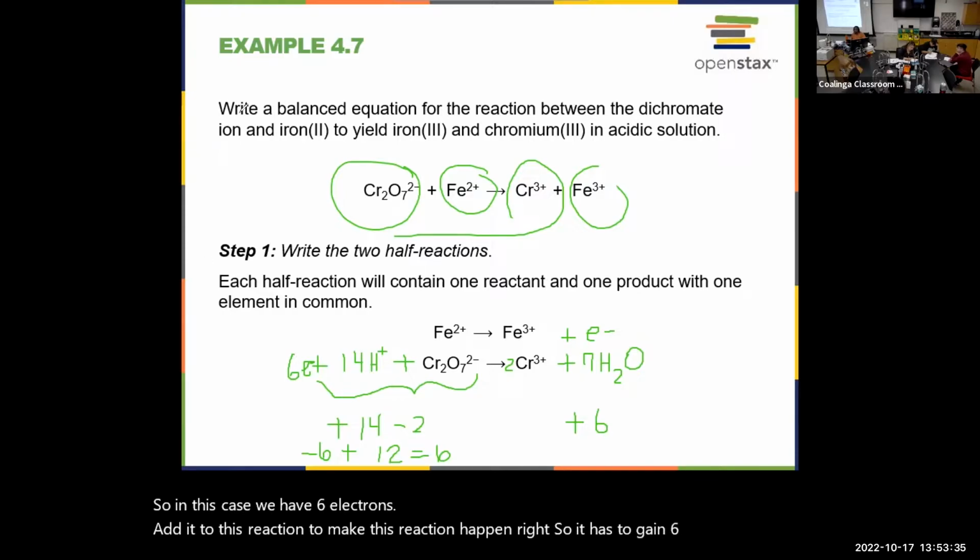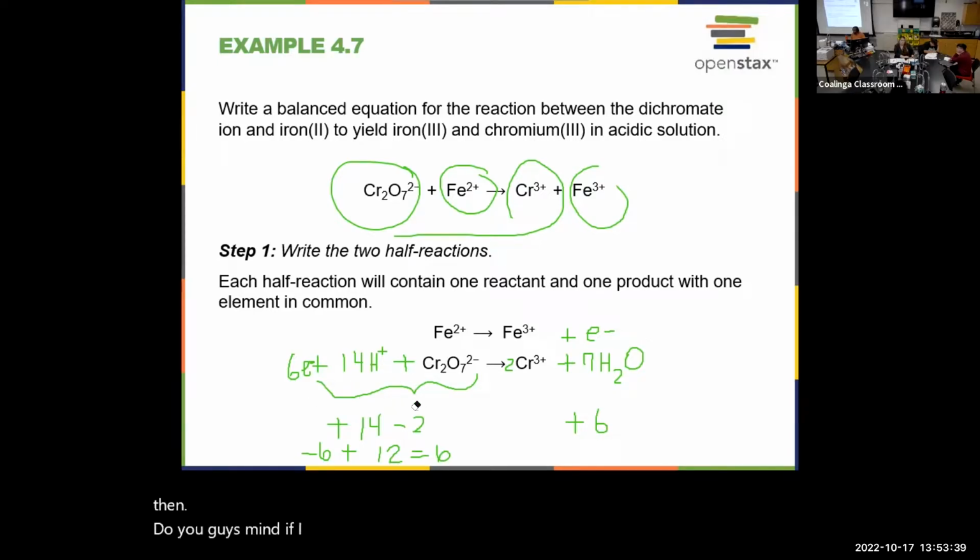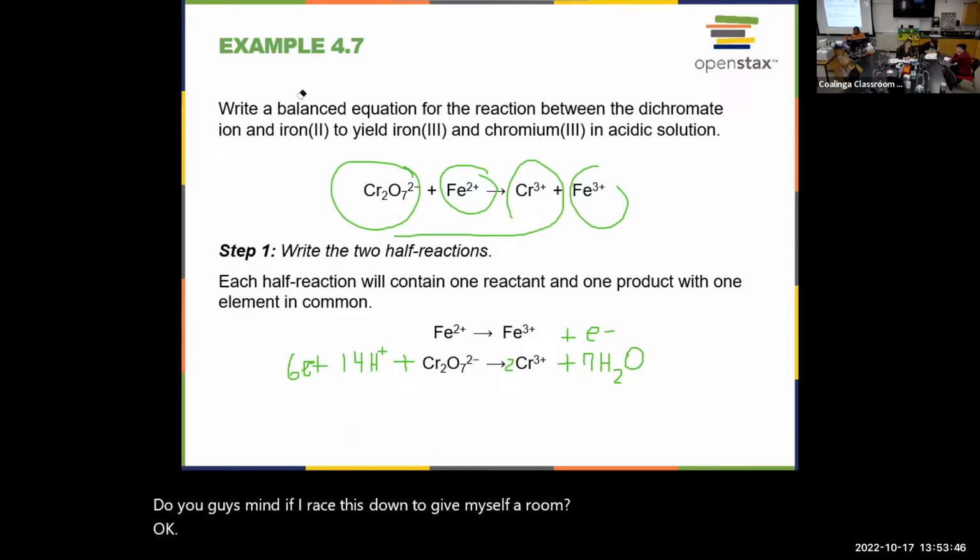Okay, so then, you guys mind if I erase this down? So then that first reaction, we have only 1 electron. So we have to multiply the whole thing by 6.